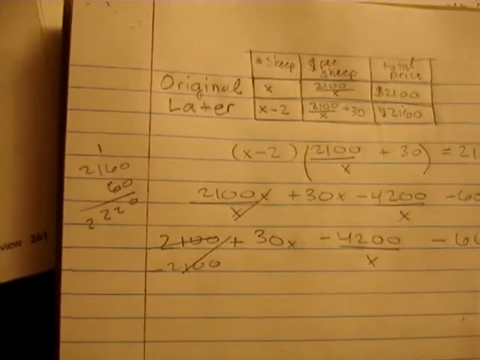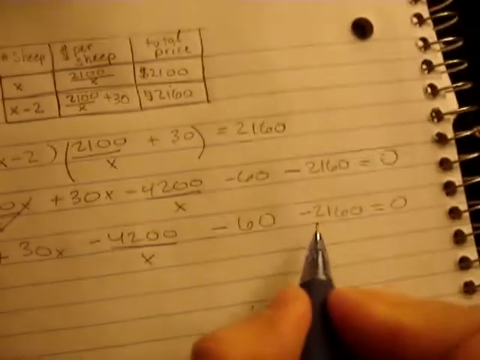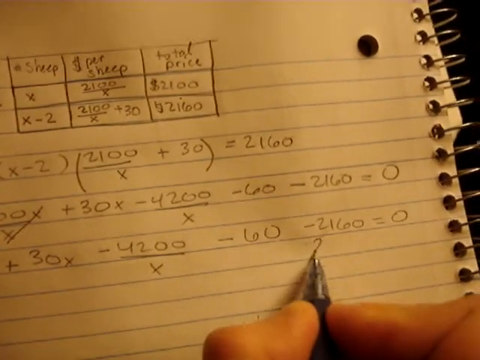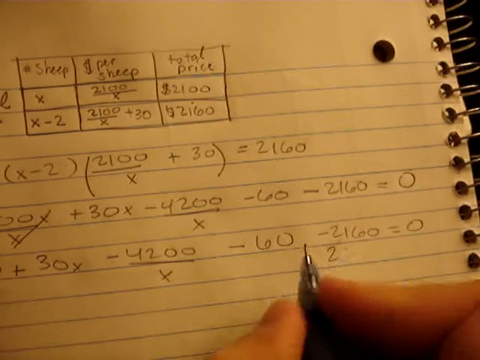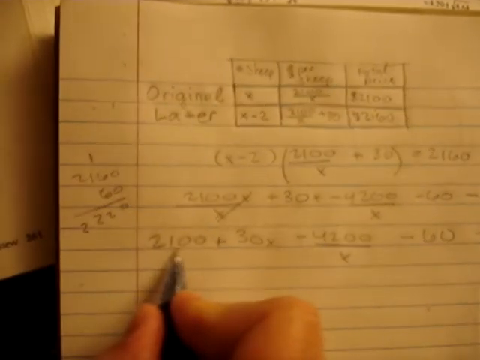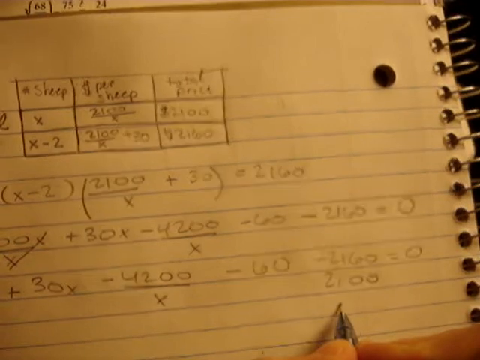Oh, can't do that. Yeah, they would cancel out actually, to an extent. Sorry about that. I'm going to just write it over here so that I can look at it better. Left over from here, I would have a negative 60.